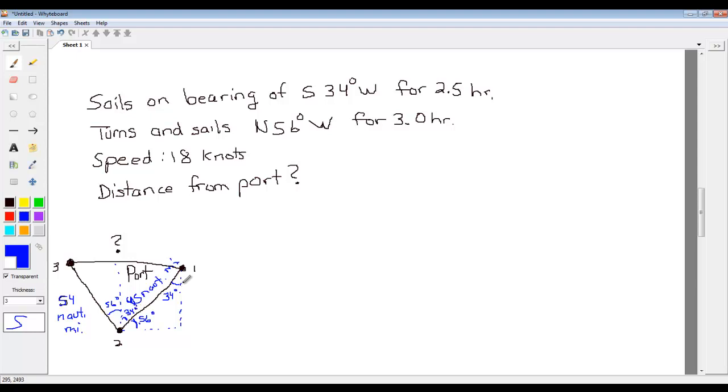Because if you think about it, actually it's like two parallel lines. Got a parallel line here and here, you got this transversal. You have opposite interior angles. These two are going to be congruent, 34 and 34.